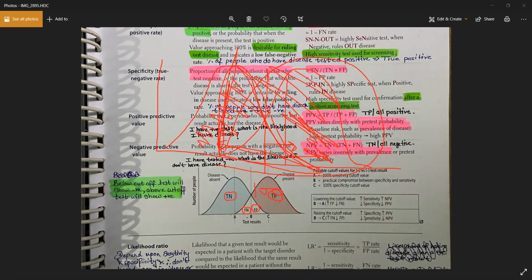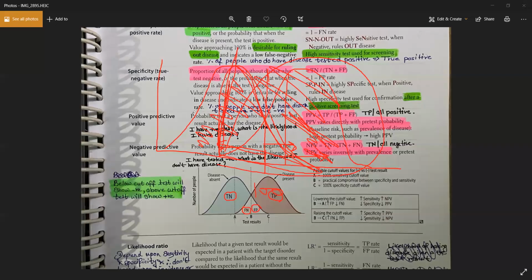Because a specific test must be good in ruling in the disease, right? You guys understand this fact? Okay, that means whenever I decrease the cutoff value for a certain test, my sensitivity will increase and my specificity will decrease.